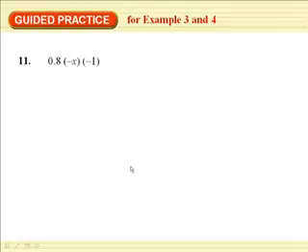I'm going to multiply. I think I'll just do these first. I'll move these two. I'm going to multiply these two first, which would be the commutative property when you switch the order, and it's also the property of negative 1.